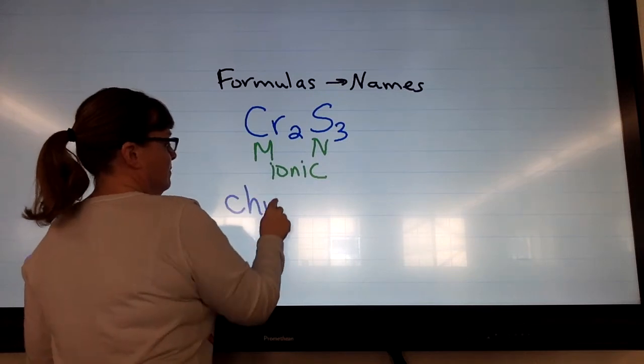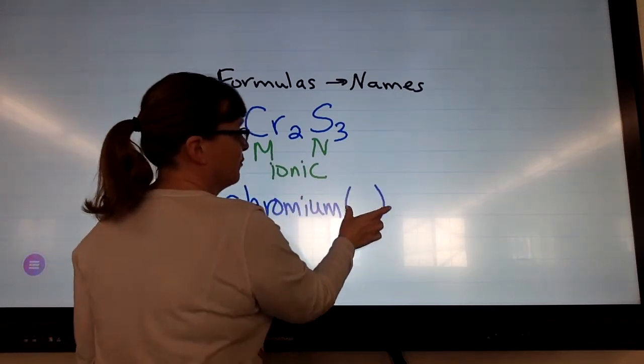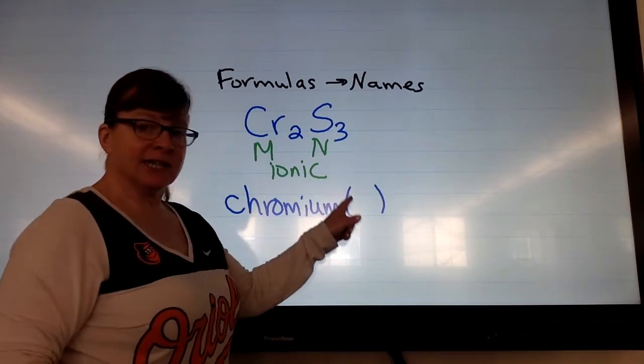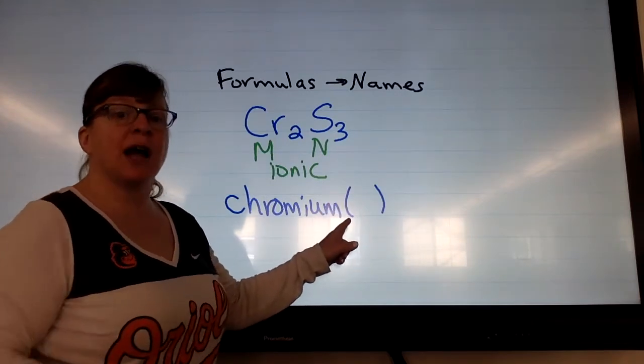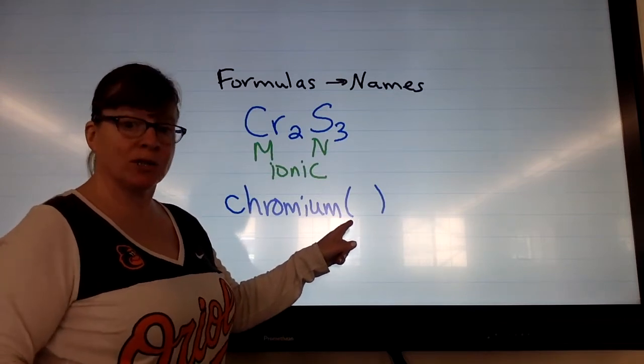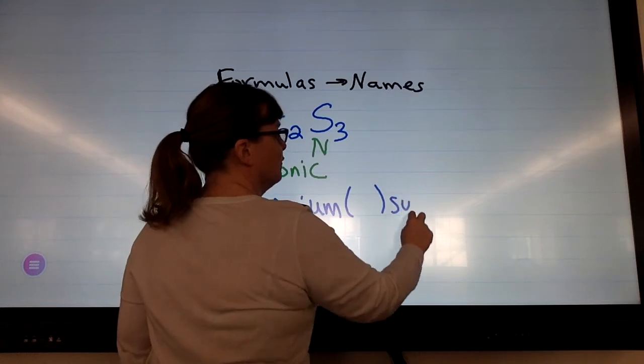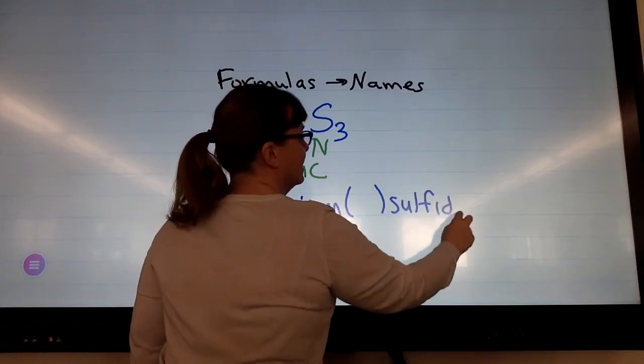So chromium, this is the name. But I have to have a Roman numeral. I have to have a space here because there's different kinds of chromium. +2, +3, +6. We don't know which kind yet. Sulfur becomes sulf, ide.